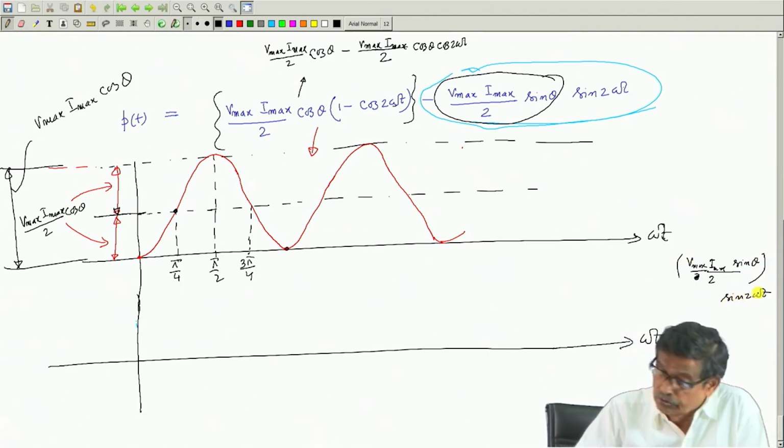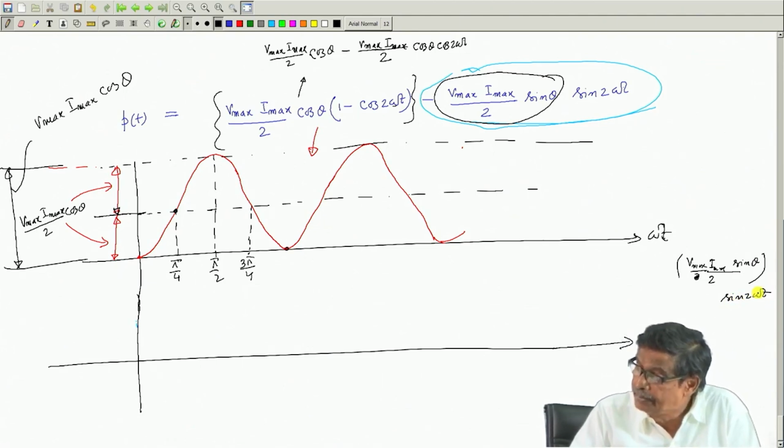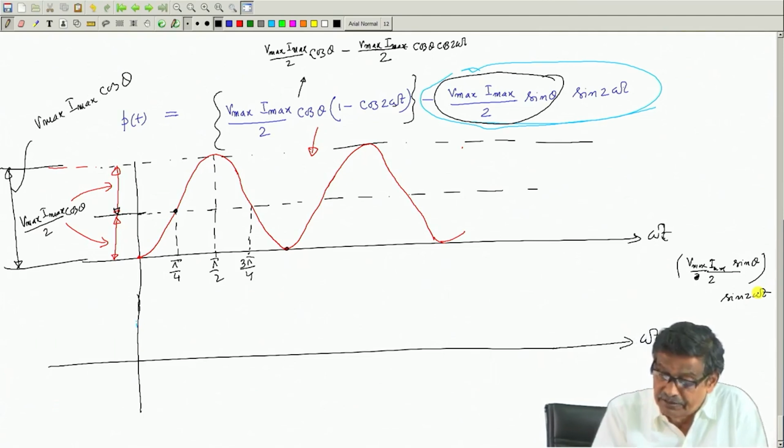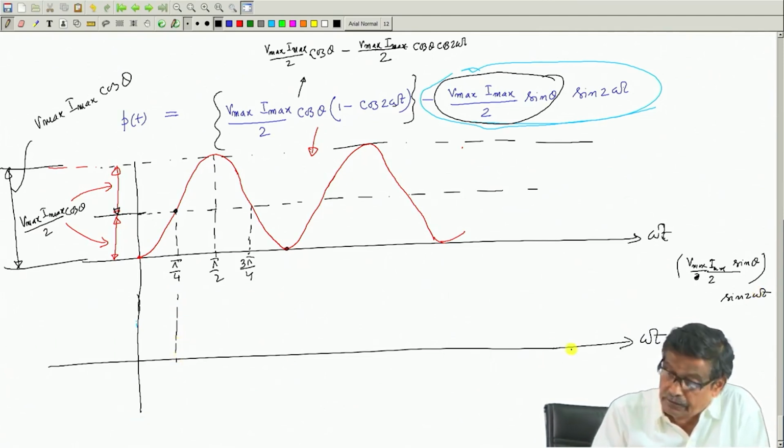At omega t equal to pi by 4, if you put sin pi by 2, it must have that peak value occurring at pi by 4. So, it is a sine term with this peak value. But anyway, I have to once again subtract. So, minus of that will be like this.